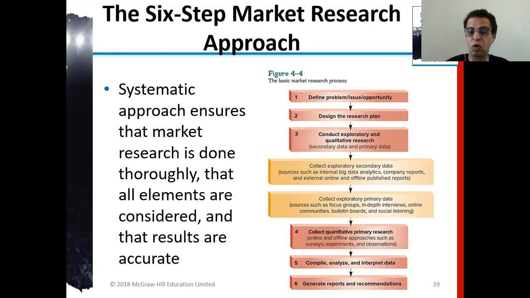It's basically an online and offline approach such as surveys, experiments, and observation. And then we compile, analyze and interpret this data and eventually we generate reports and recommendations. In other words, it's a systematic approach that ensures market research is done very well and thoroughly, that all the elements are considered and the results are accurate.